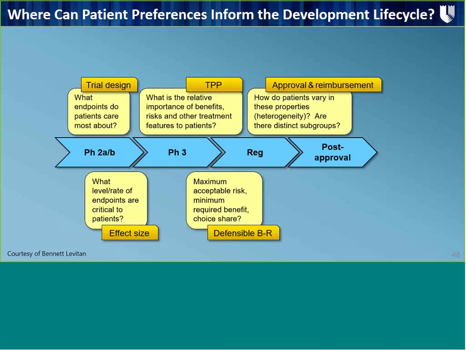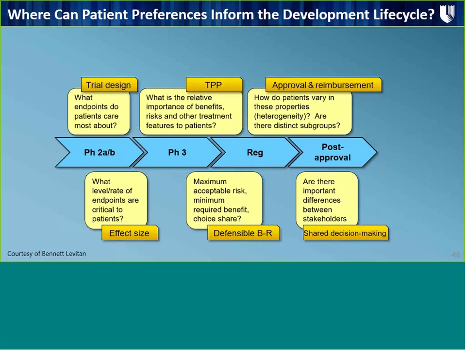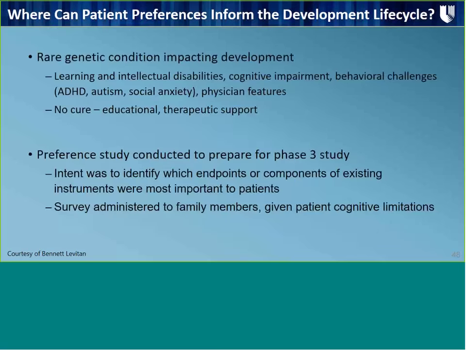And this, of course, is the approval and reimbursement phase of things. So we are able, using more advanced methods, as Juan Marcos described, to identify important differences among stakeholders, which could then actually be used in a clinical setting. Our group is particularly interested in this right now, and we are working on a couple of approaches for doing this to support shared decision-making.